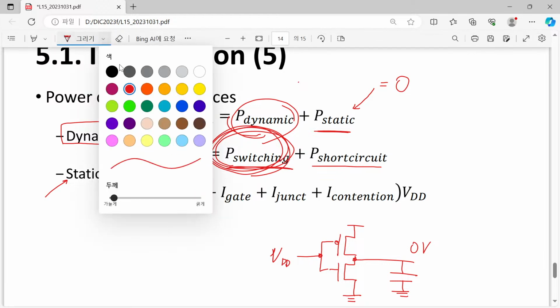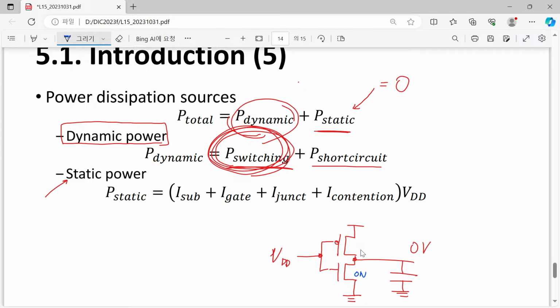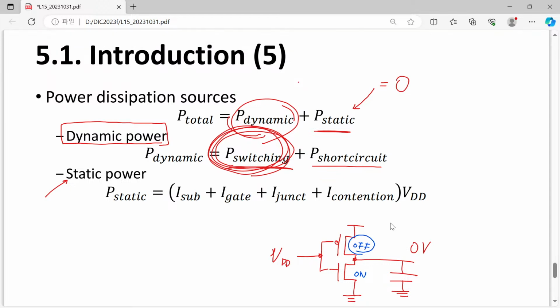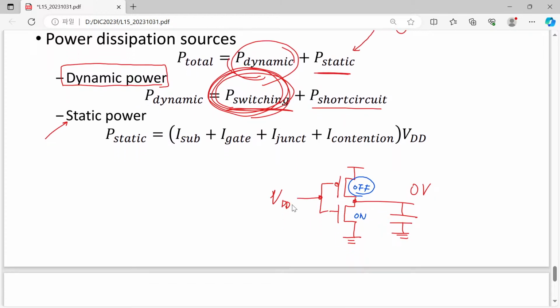Everybody understands in this class that since VDD is applied, this one is on and this one is off, so we have no serial conduction path from VDD to ground. So no current will flow at all. So there is nothing in this case. That was our former discussion.